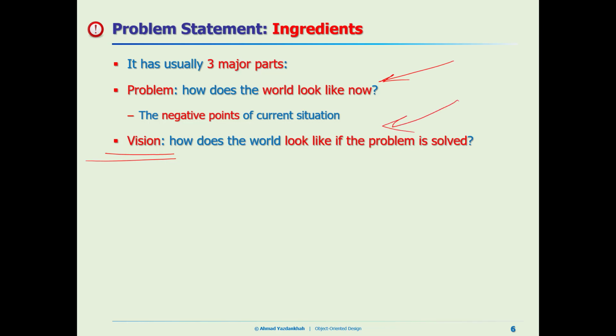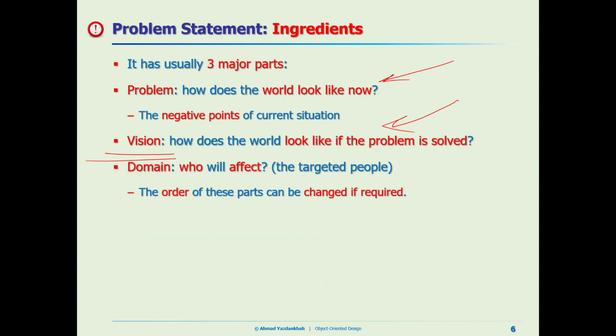All right. And the third part is called domain, which means who will get the benefit of this, who will be affected by this problem and the solution. So you specify the domain or audiences of this software, those who get the benefits.